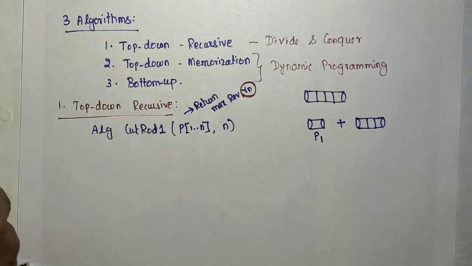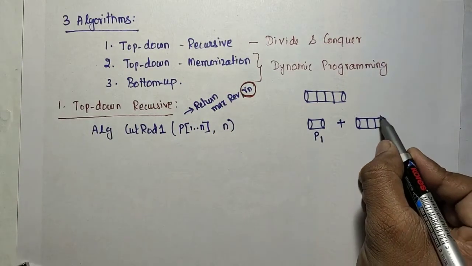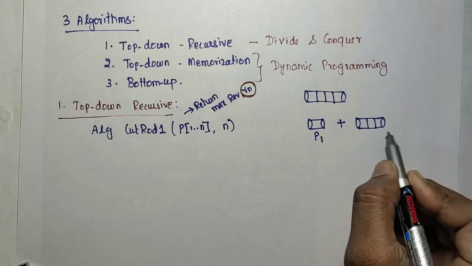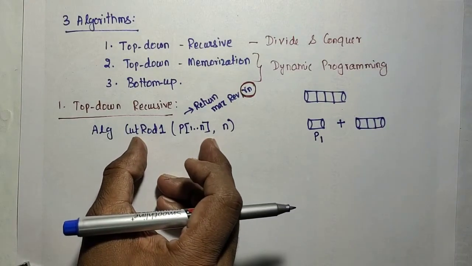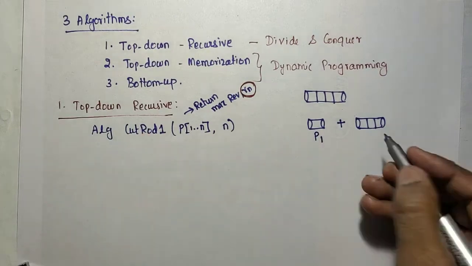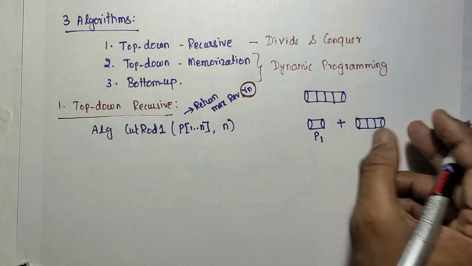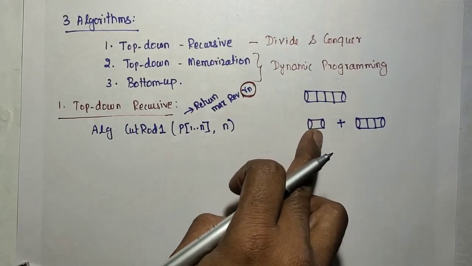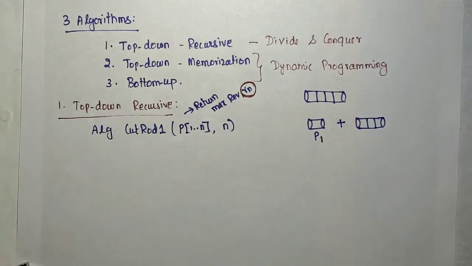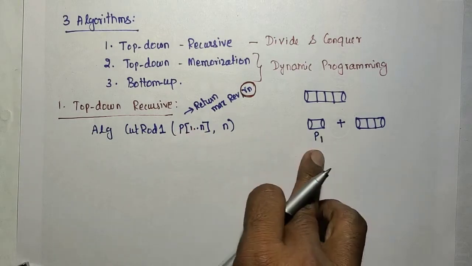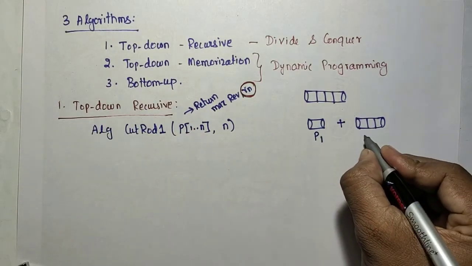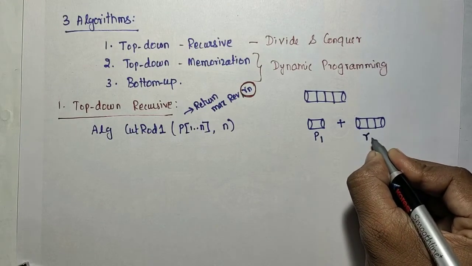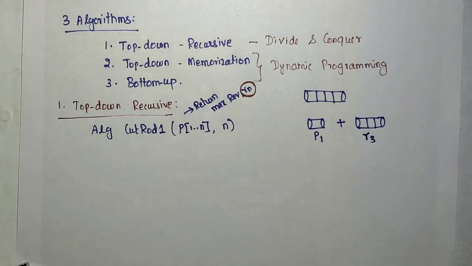If we need the maximum revenue of the 3-inch rod, we are going to use the same algorithm, cut rod 1, to obtain the 3-inch rod maximum revenue. The 1-inch rod price we are going to take from that array, the price list. So P1 plus the maximum revenue for the 3-inch rod, that is R3.